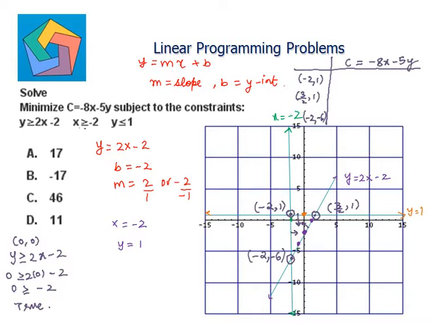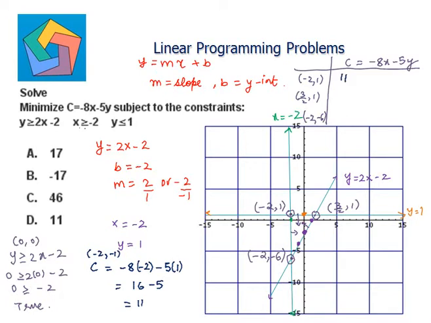Now I'll put in negative 2, 1 first. So C will be negative 8 times negative 2 minus 5 times 1, which is 16 minus 5, that's 11.